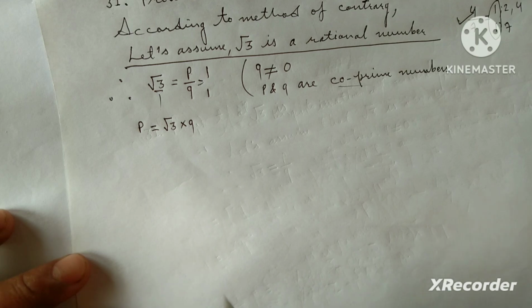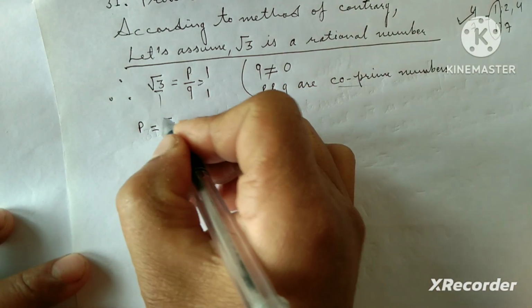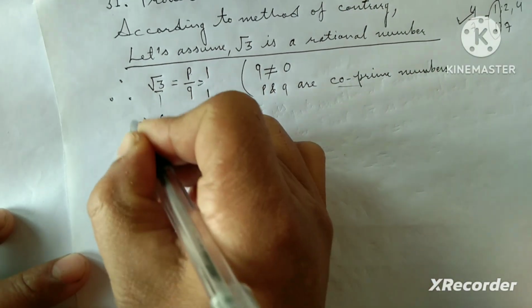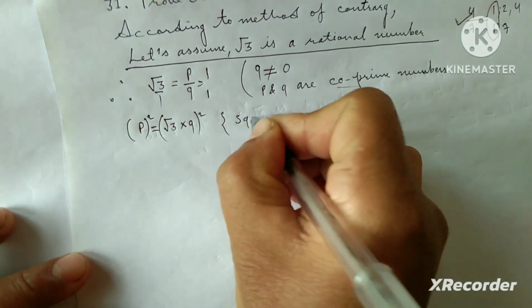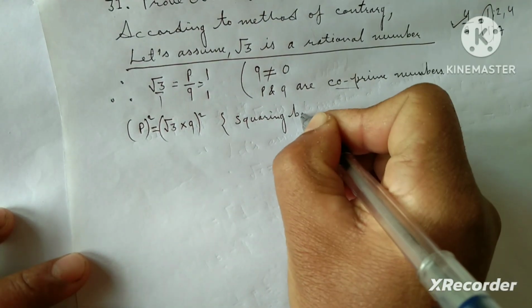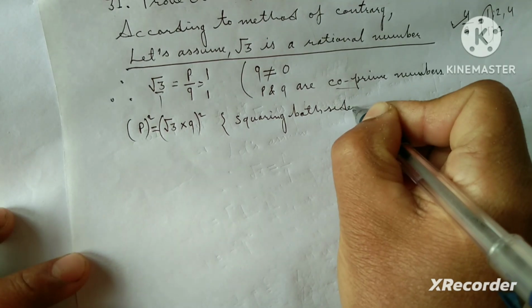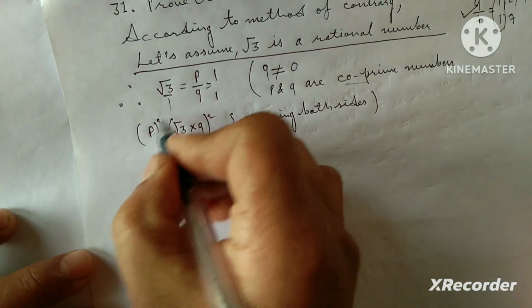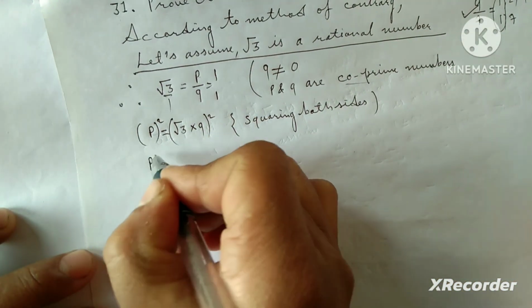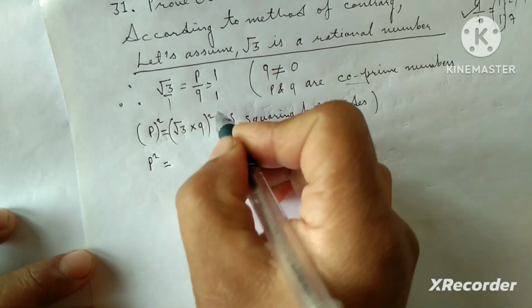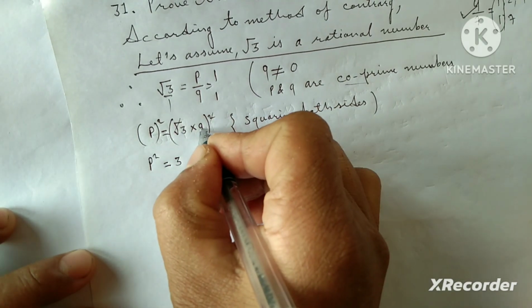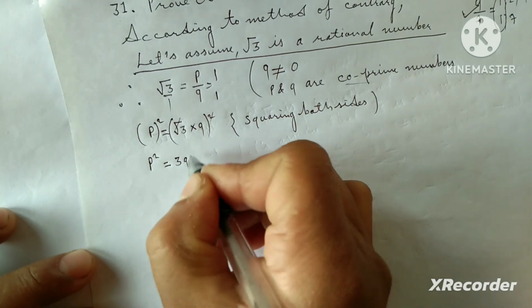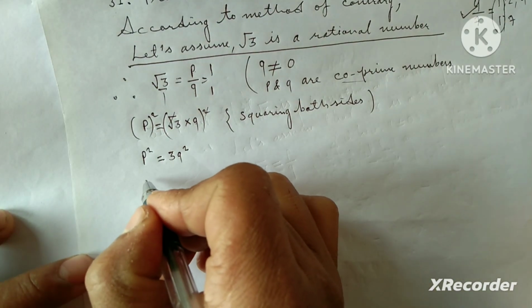Now squaring both sides, p square equals 3 q square, because the root is cancelled.